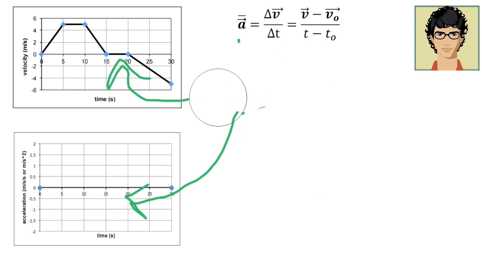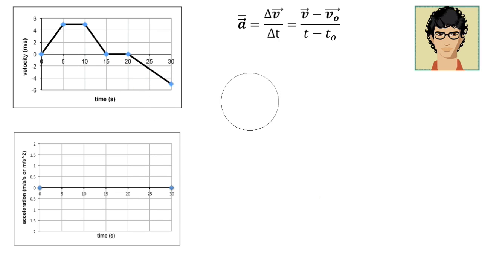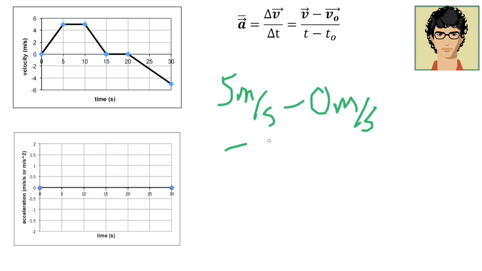Let's clean up the board a bit. And what I'm going to do is run through a very formal case, run through the definition so you see how it works. It's very similar to how we got velocity from a displacement versus time graph. And so we have V is 5 meters per second minus V naught, which is 0 meters per second, divided by 5 seconds minus 0 seconds.